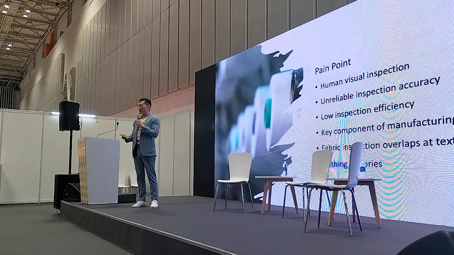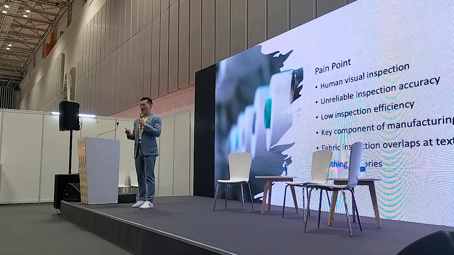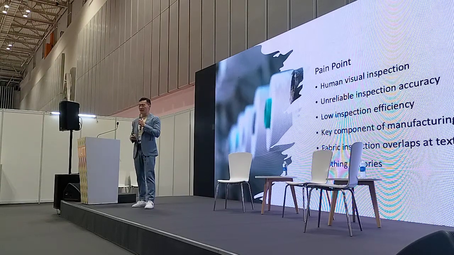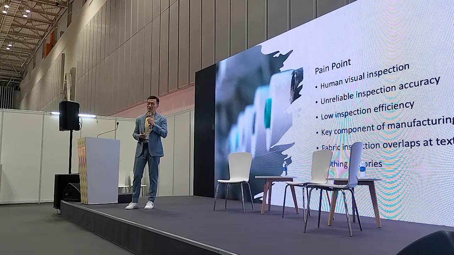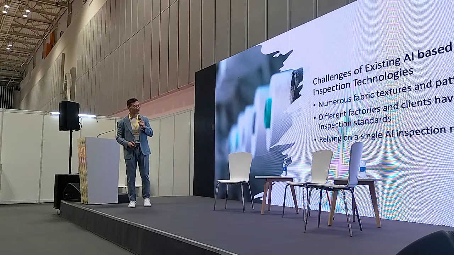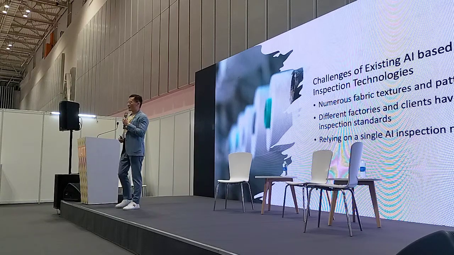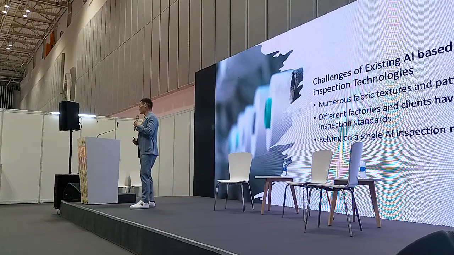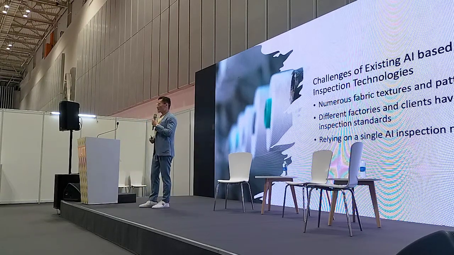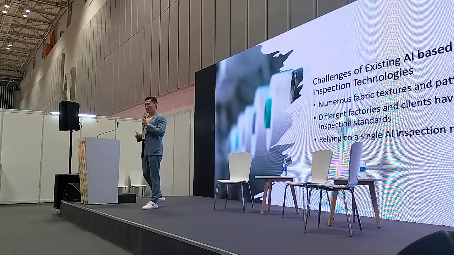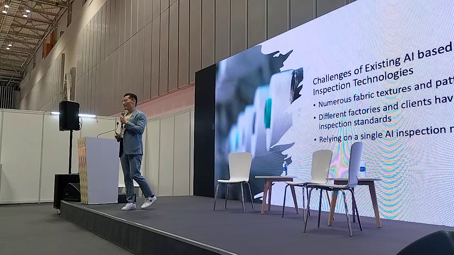So this is the reason why right now, our current practice in fabric inspection or the textile material inspection is still heavily relying on human. But in the recent 10 years, quite a number of AI technology companies have already launched the AI inspection on the textile materials.